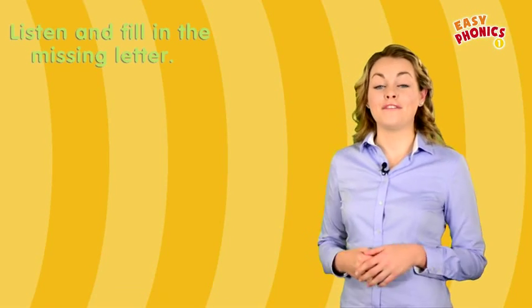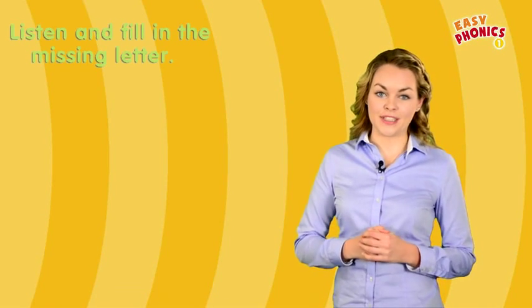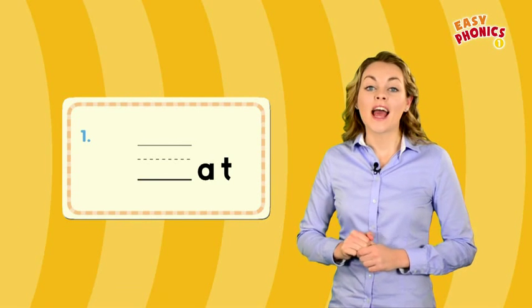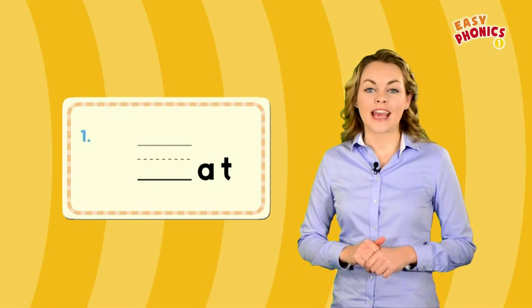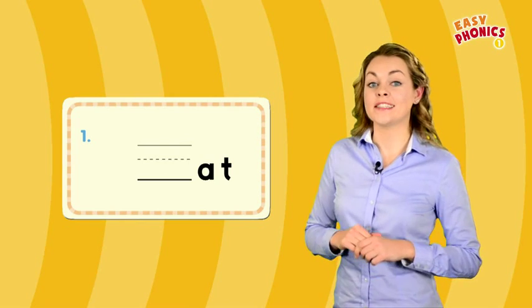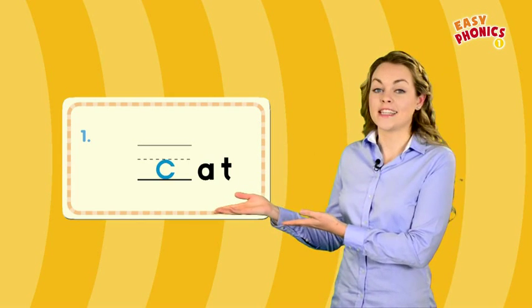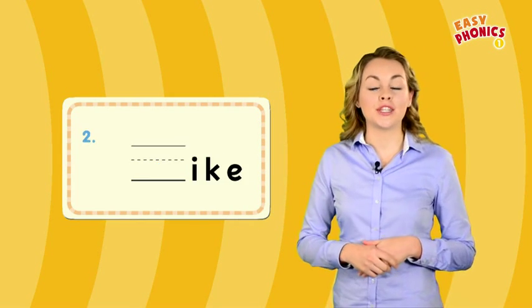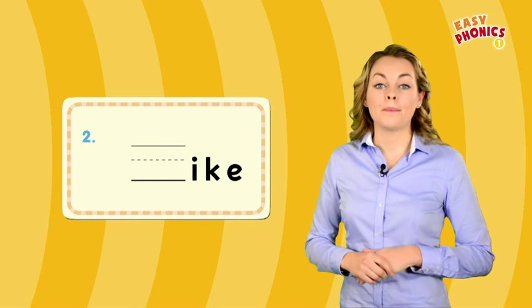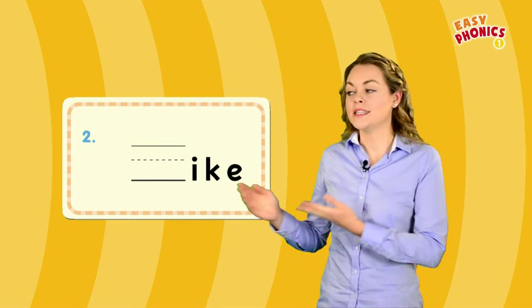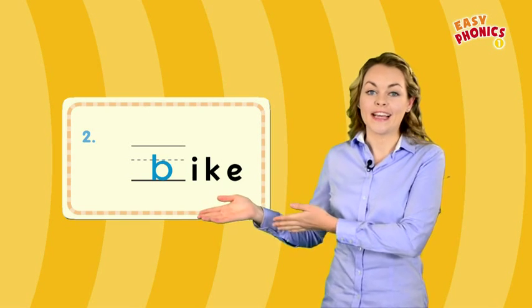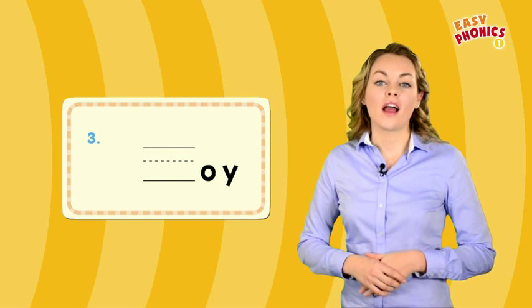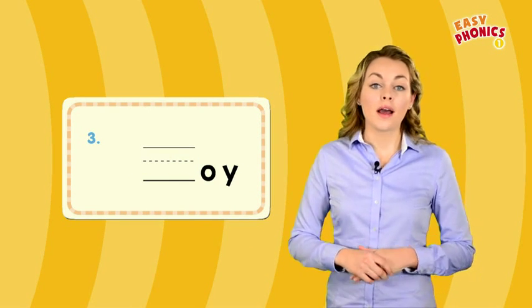Okay, listen and fill in the missing letters. Number 1 is cat. Cat. Do you remember which letter K is? That's right. Okay, number 2, bike. Bike. Begins with a B. Number 3, boy.